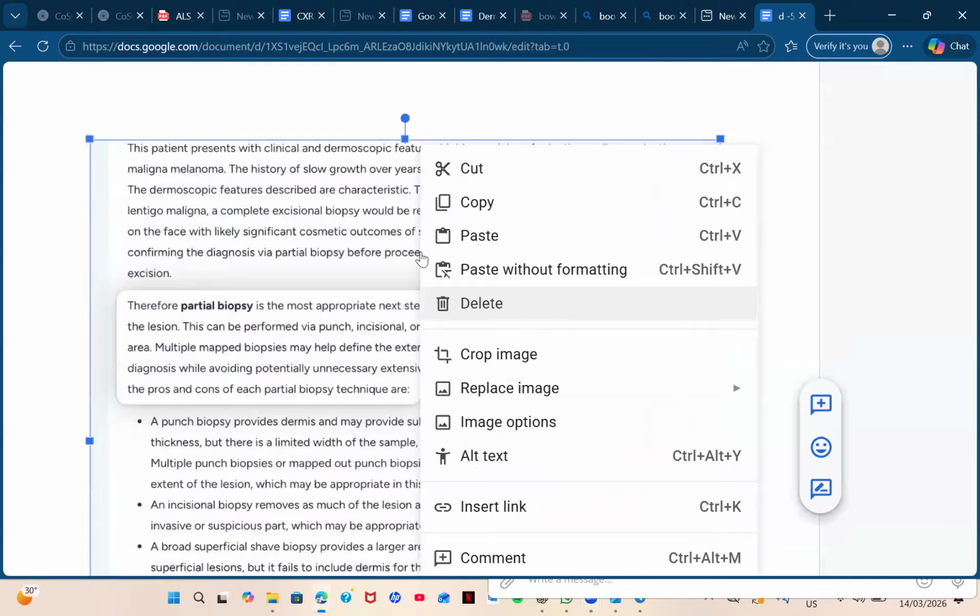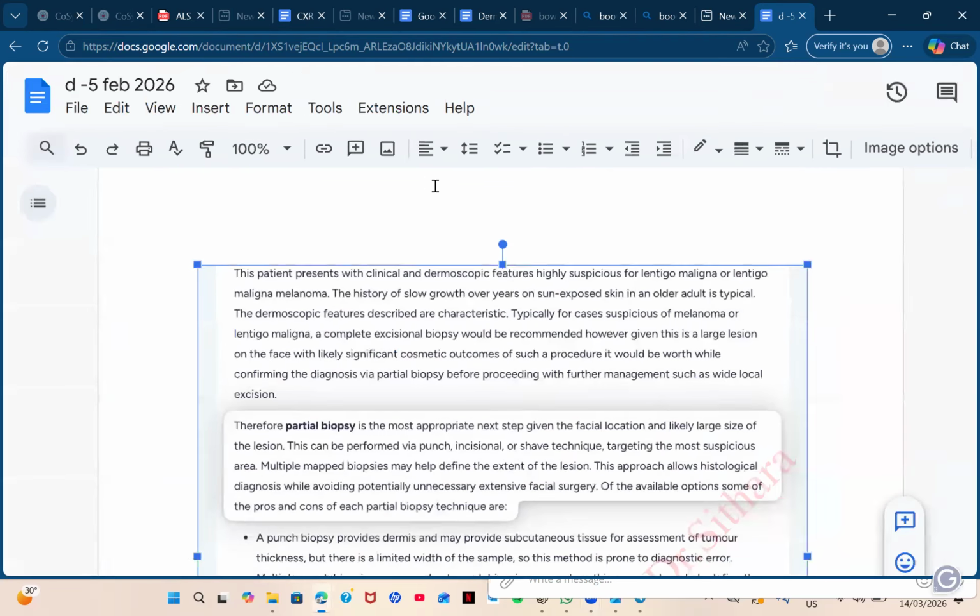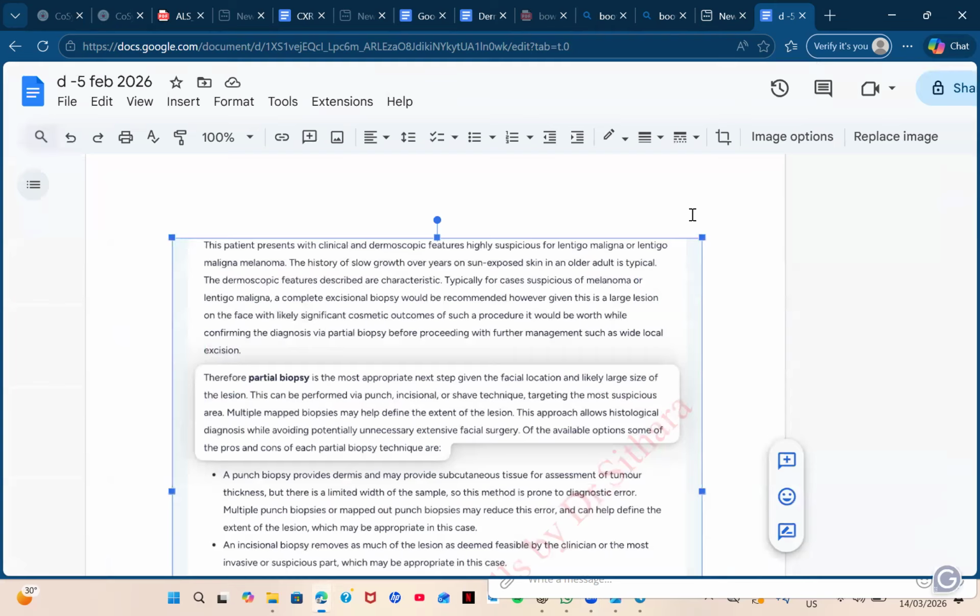First of all, tell me, if you see a lesion that you are suspicious of melanoma, then first, what should you do? I'm asking stepwise. First, what should you do, doctors?